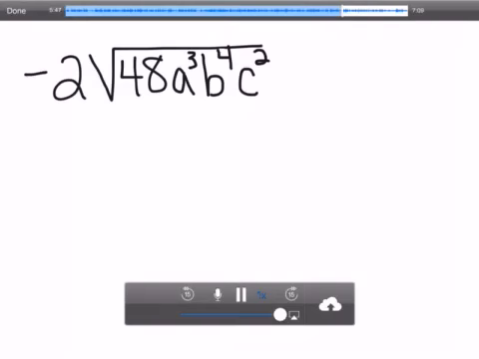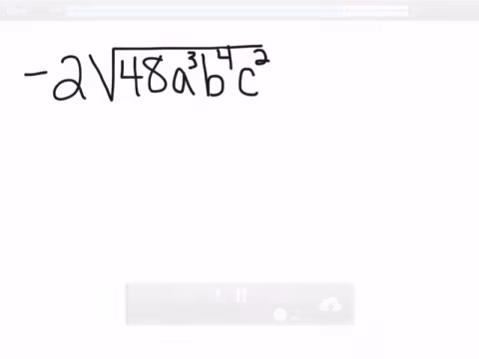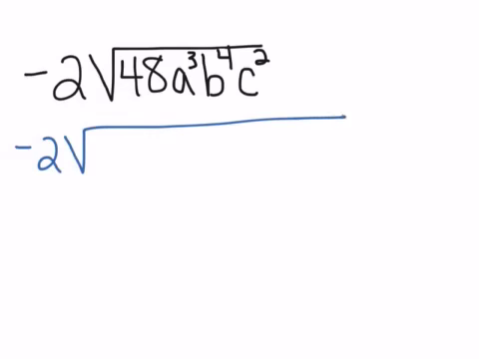Alright, let's take a look at this example. There's already a negative 2 on the outside, so whatever I pull out, I'm going to have to multiply by negative 2. So I have negative 2, and underneath the square root, I think of 48, and the factors of 48, I know 4 goes in, but 16 also goes in. So 48 can be factored into 16 and 3.